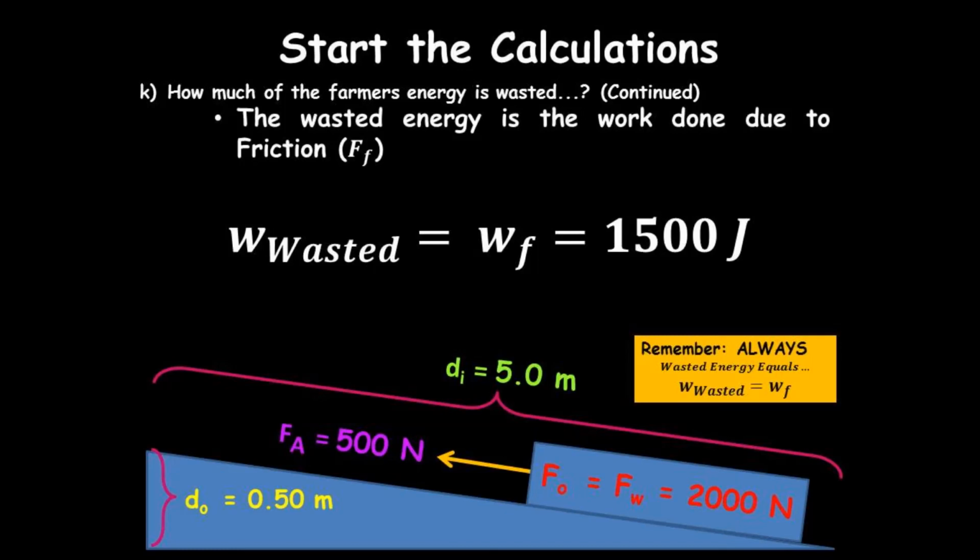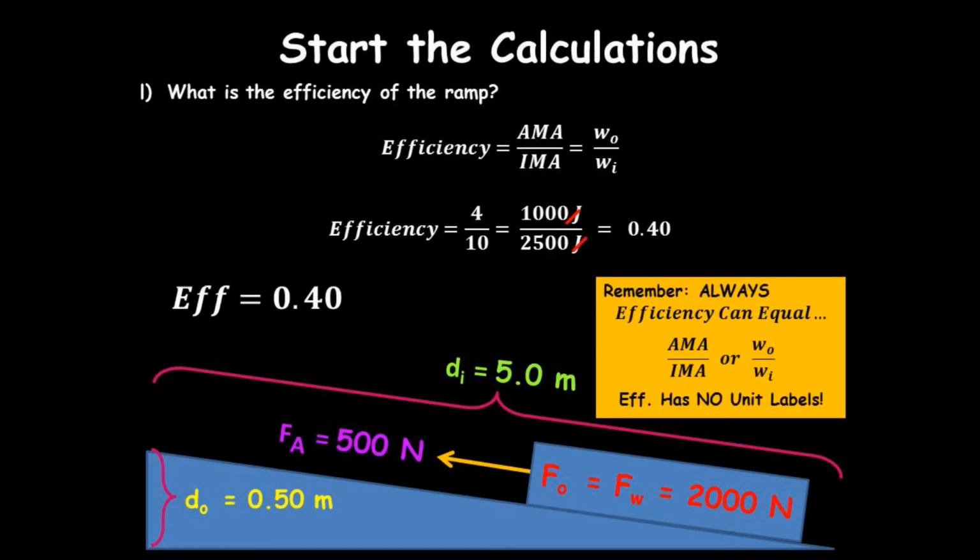Now, let's look at the efficiency. The efficiency, you can calculate it by either saying AMA over IMA, or the output work divided by the input work. The efficiency is going to be equal to 4 over 10, or 1,000 over 2,500. 4 divided by 10 is 0.4, and 1,000 joules over 2,500 joules is going to be 0.4 as well.